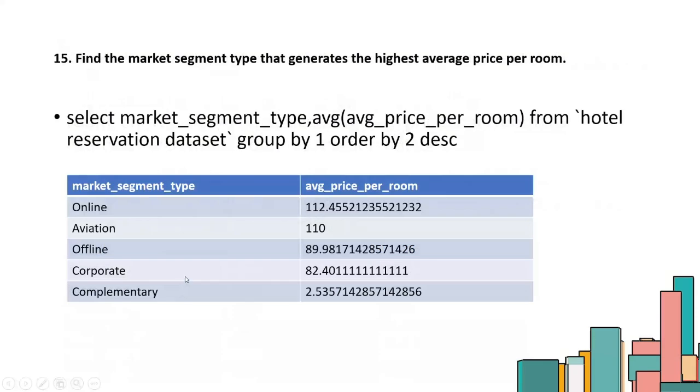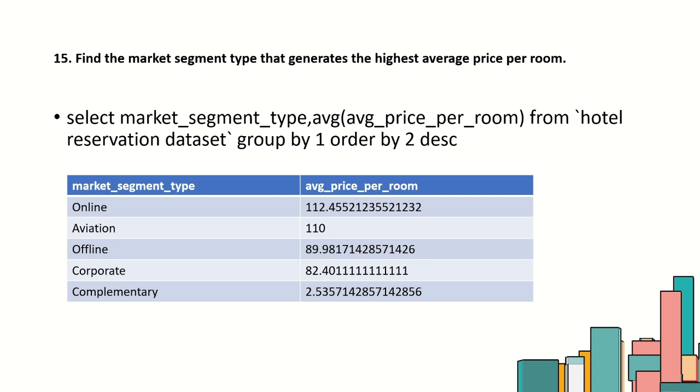So let's look at the final question. Find the market segment type that generates the highest average price per room. In this question we are supposed to find out the market segment type which generates the highest price per room.